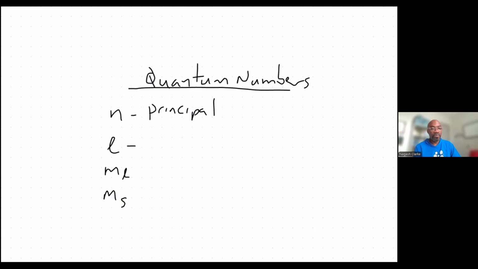So my principal talks about the energy or size of orbital. L is the shape. M sub L gives me the spatial orientation.